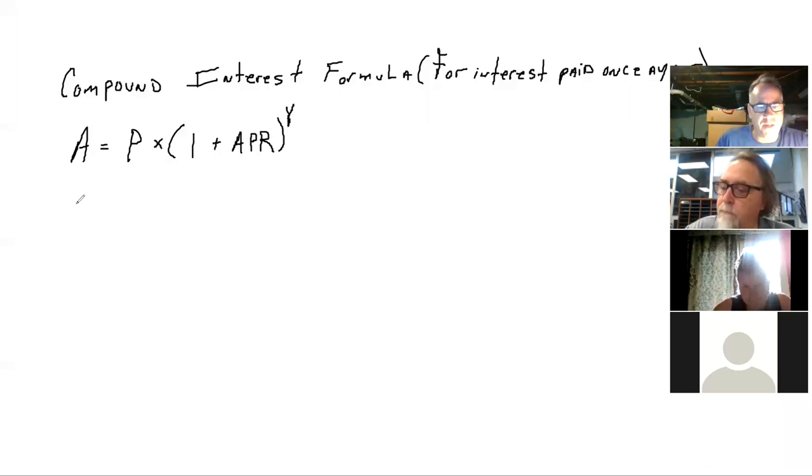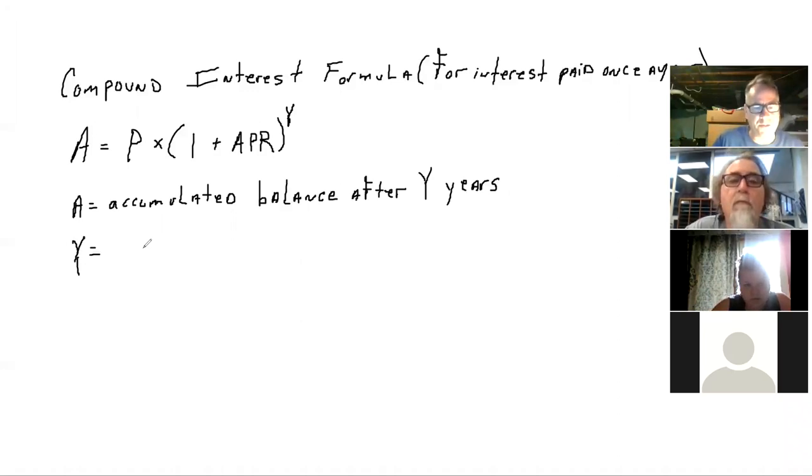All right, so what do the parts mean? A is the accumulated balance after Y years. So Y is obviously going to be the number of years. Y is, I'm going to use the pound sign here, the number of years.